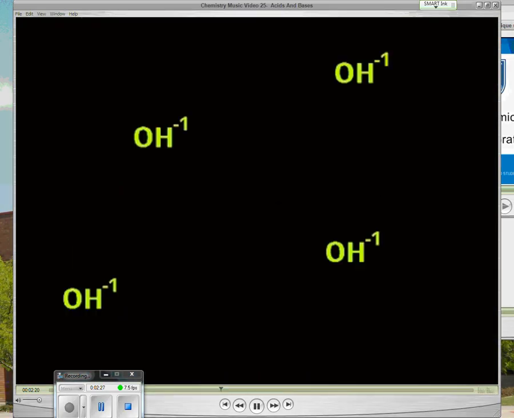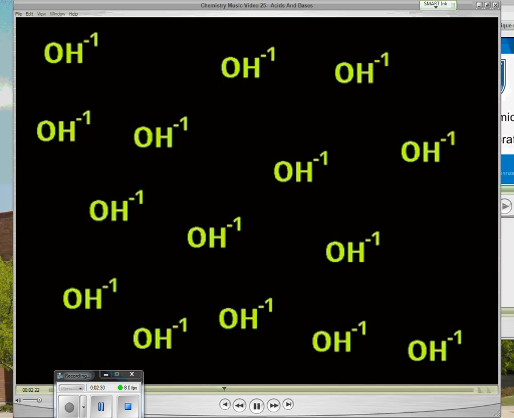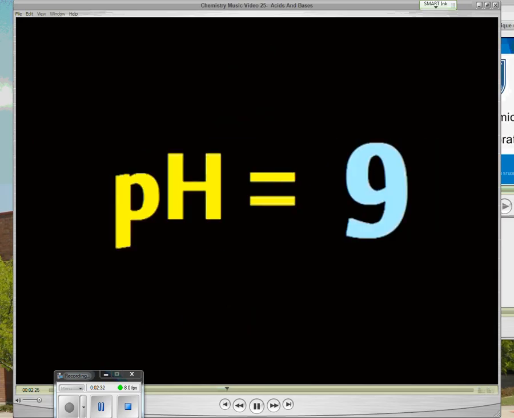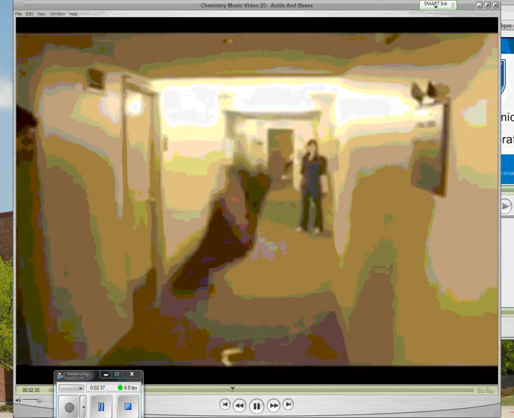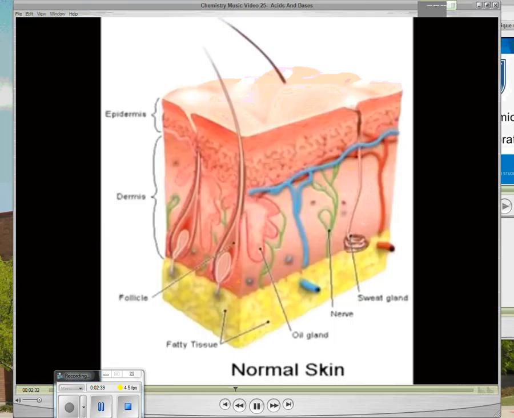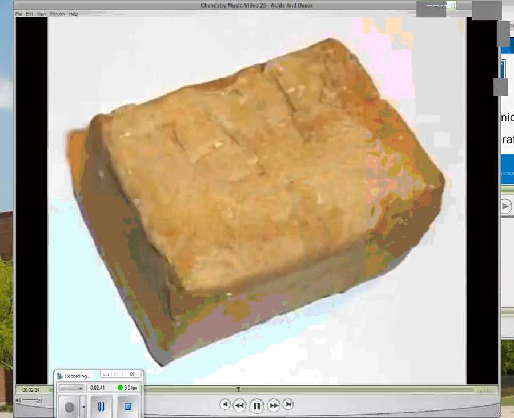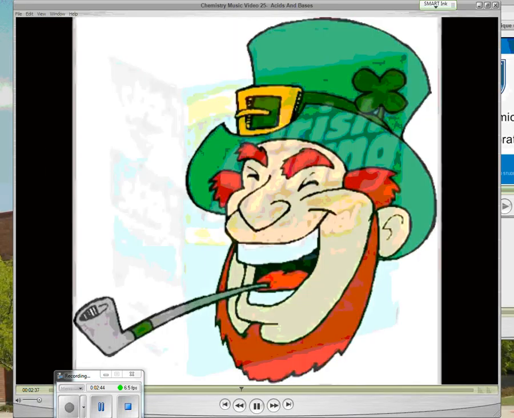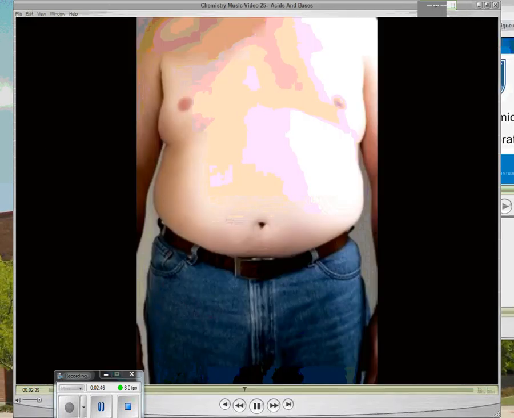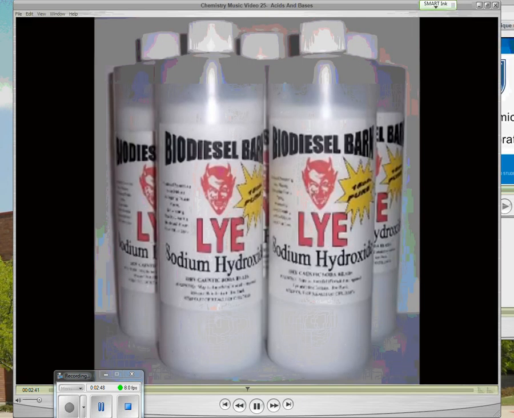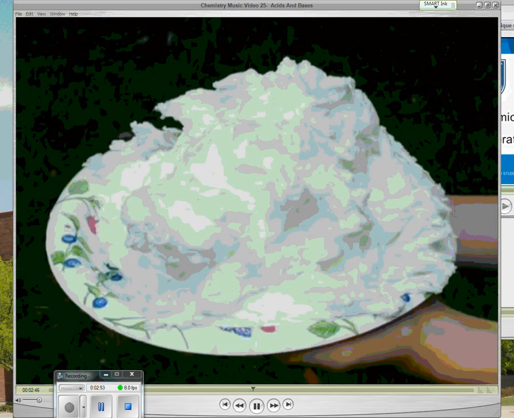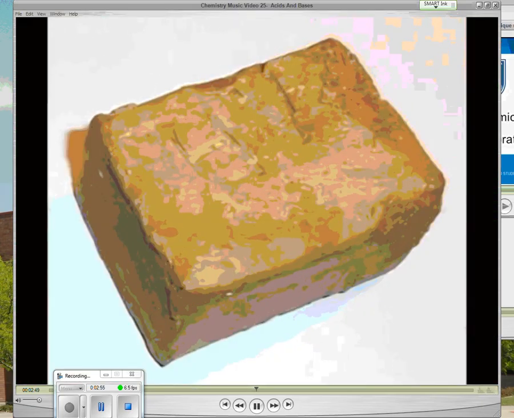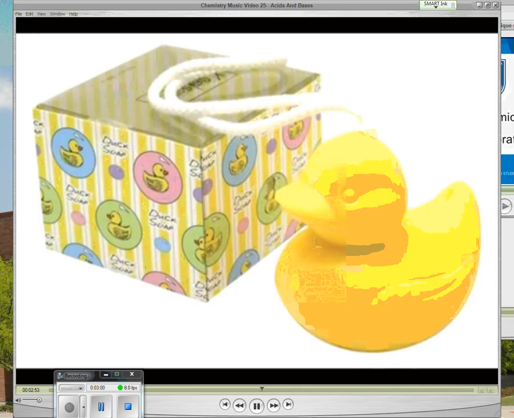The more hydroxide ions, the higher pH slopes. The more slippery it feels as it turns your skin into soap. Fats are hydrolyzed by bases, turns them into soap, which can be fashioned into bars or dangled from a rope.